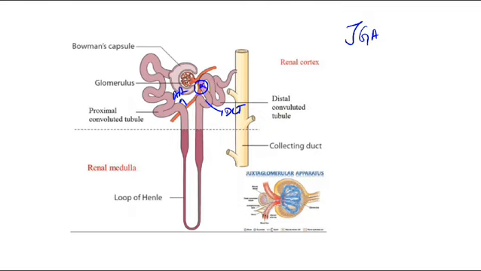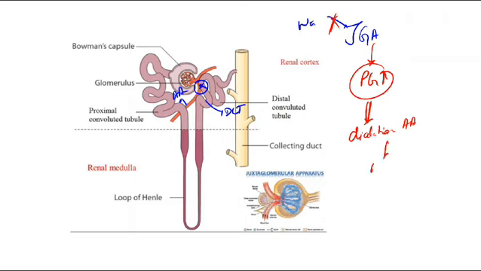Because there is loss of entry of sodium ions in the juxtaglomerular apparatus, this juxtaglomerular apparatus is going to produce prostaglandins. These prostaglandins will cause dilation of afferent arteriole which will cause a slight increase in GFR. Prostaglandins increase ஆனதனால் we can see there is an increase in prostaglandins in blood, also in urine.